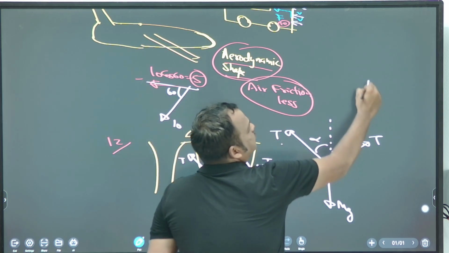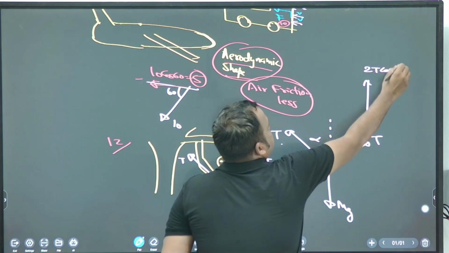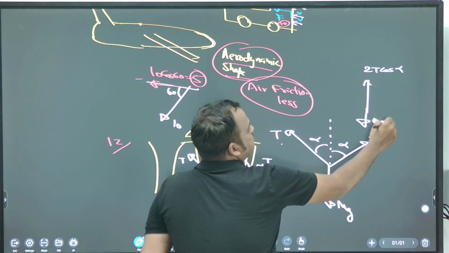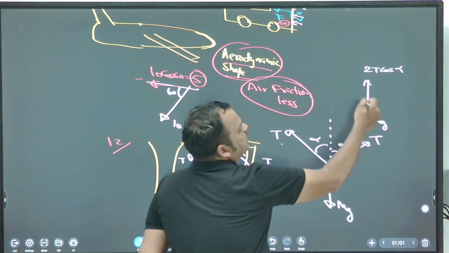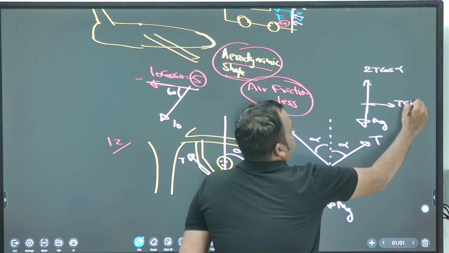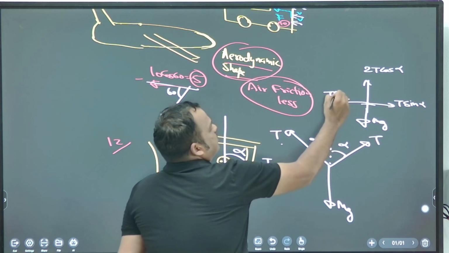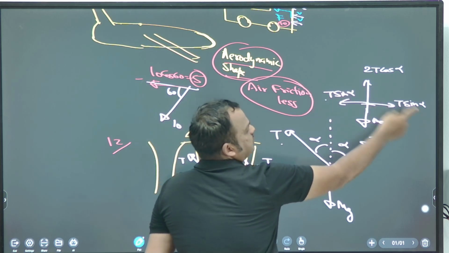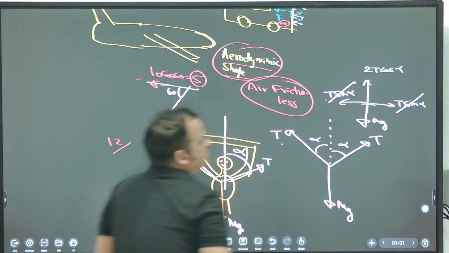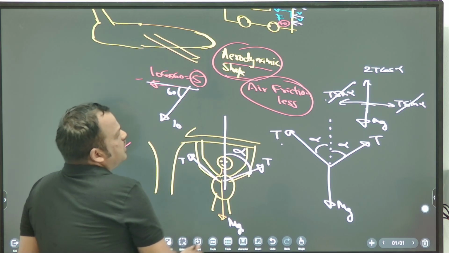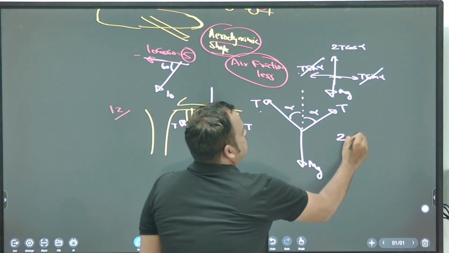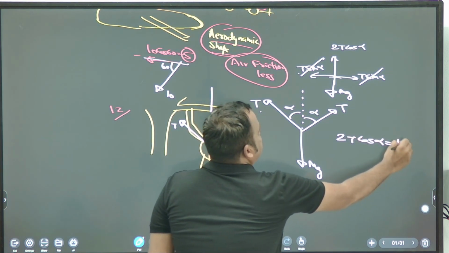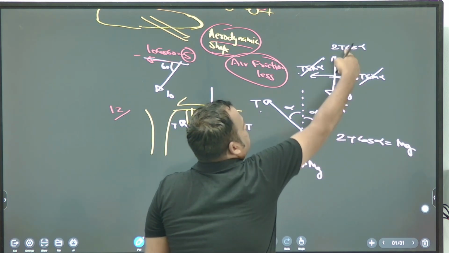So net force upward is 2T cos alpha, downward mg. The sine components, T sin alpha, cancel each other. So 2T cos alpha is equal to mg, correct?